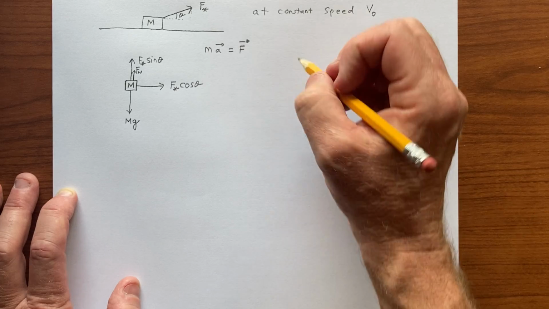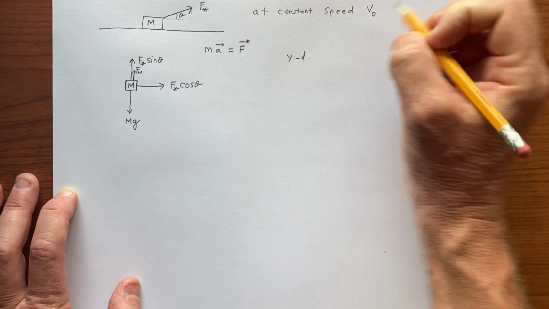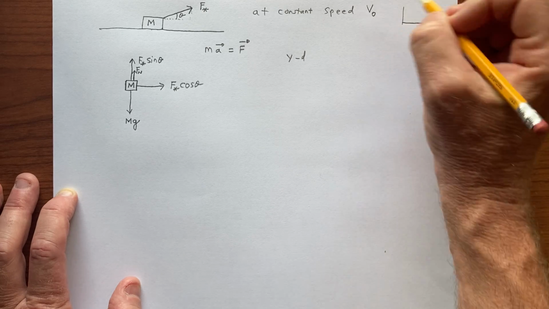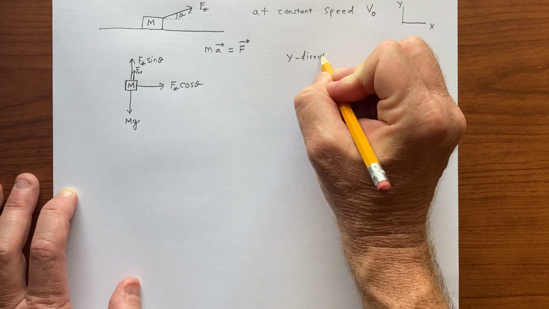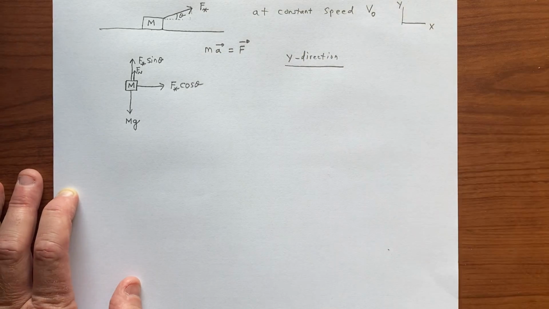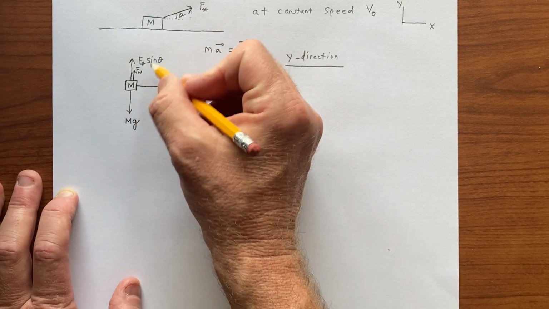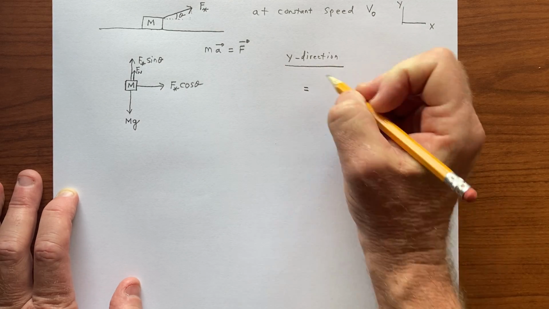So let's look at these two components. So let's look at the vertical direction, or y direction. Well, if we decide that this is x and this is y, then the y component of ma equals F looks like what? Well, the point of the free body diagram is to be able to read off the forces directly, so that's the right-hand side.